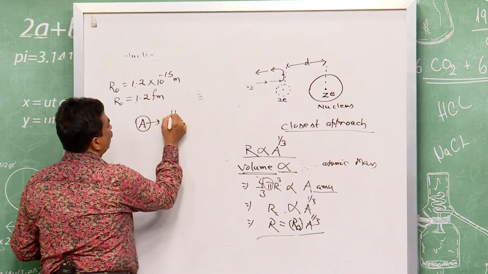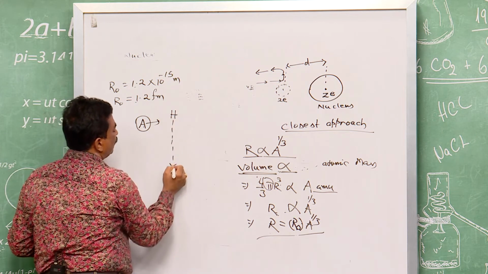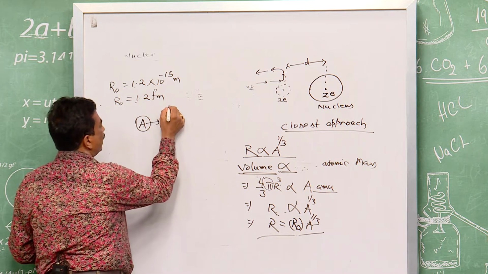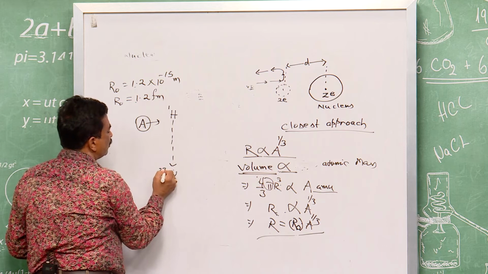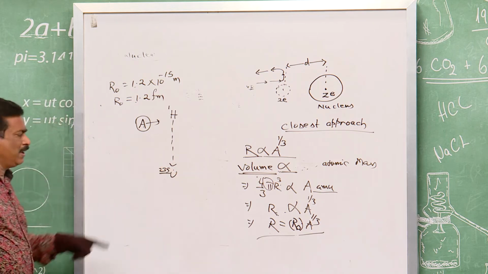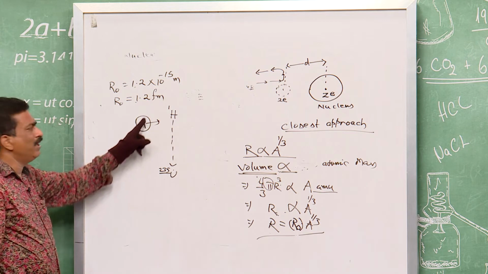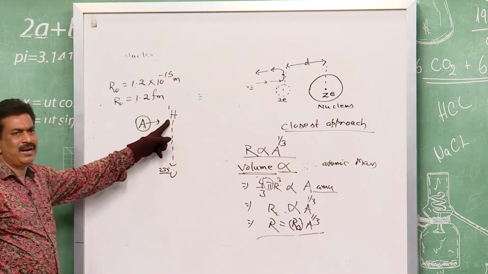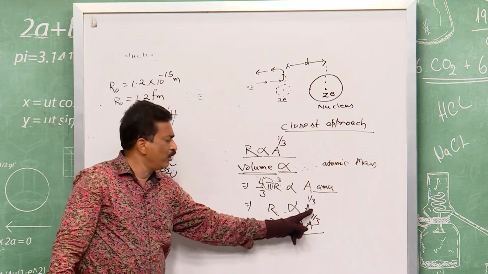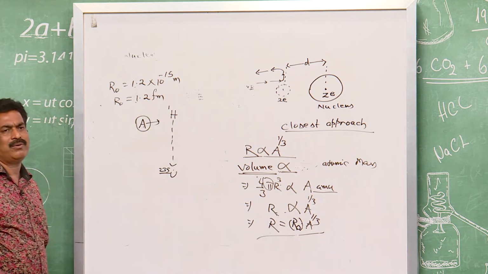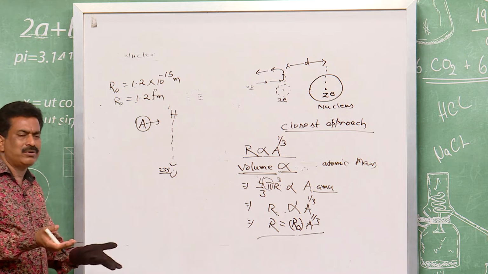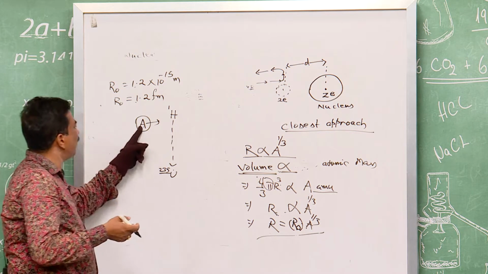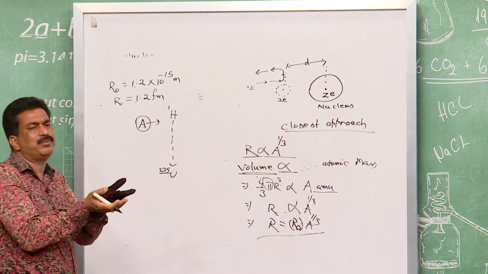If we go starting from hydrogen up to uranium, where A is 1 for hydrogen and 235 for uranium, we take A to the power of 1 by 3. So what you are observing is, as the number of nucleons increases, the nuclear size increases.